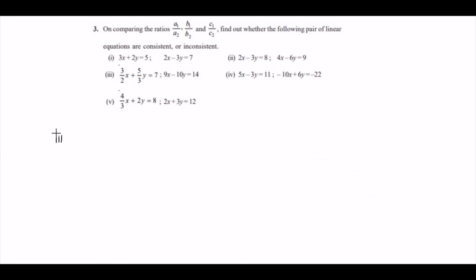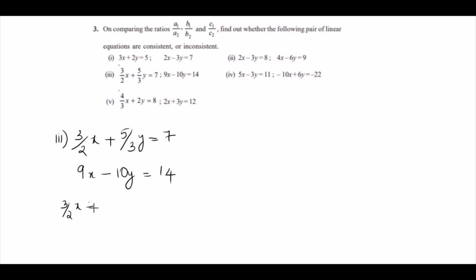The third question is 3 by 2x plus 5 by 3y is equal to 7 and 9x minus 10y is equal to 14. So first write it in the standard form, that is 3 by 2x plus 5 by 3y minus 7 is equal to 0 and 9x minus 10y minus 14 is equal to 0.